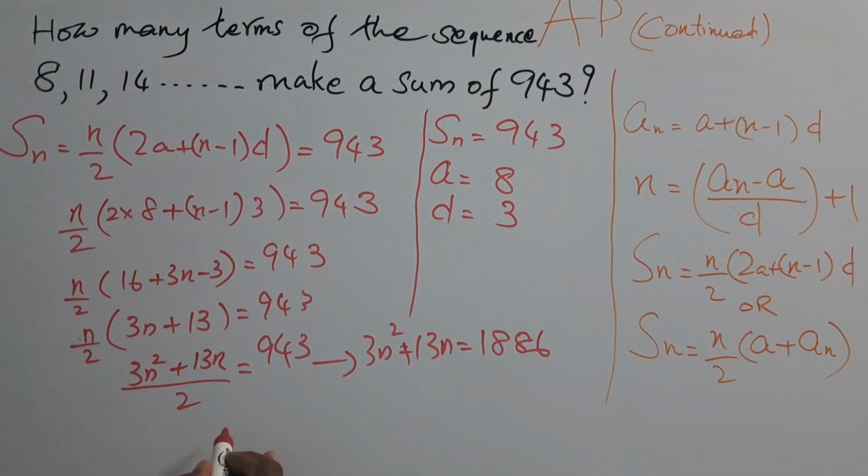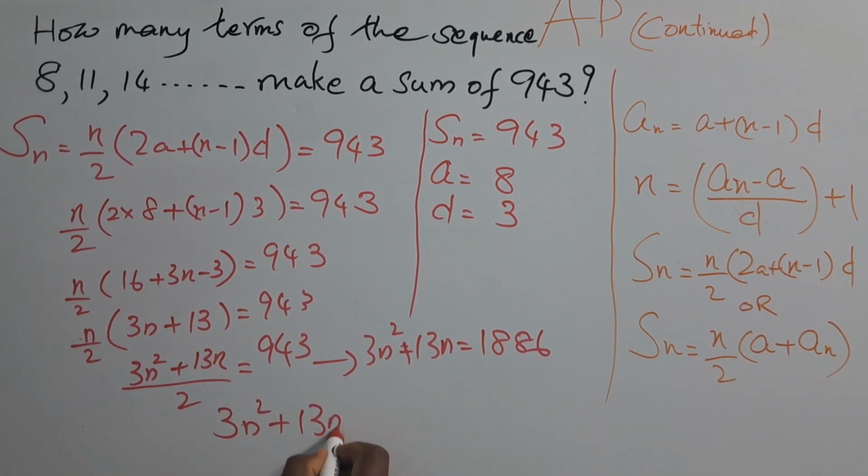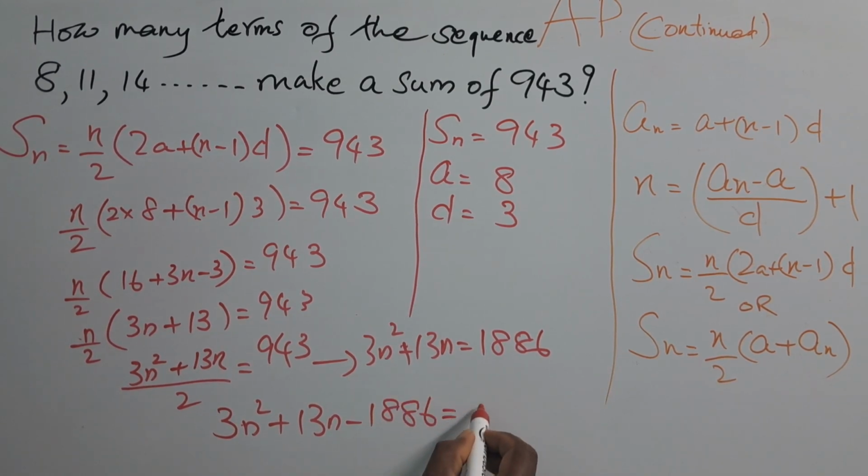That's equal to 3n square plus 13n minus 1886 is equal to 0, which forms a quadratic equation. When we solve this equation, we get the answer.